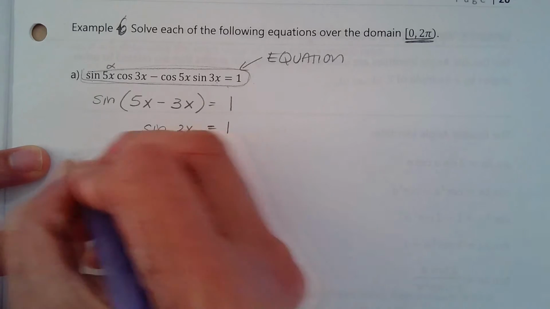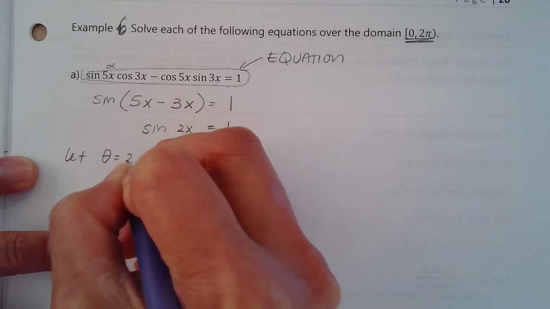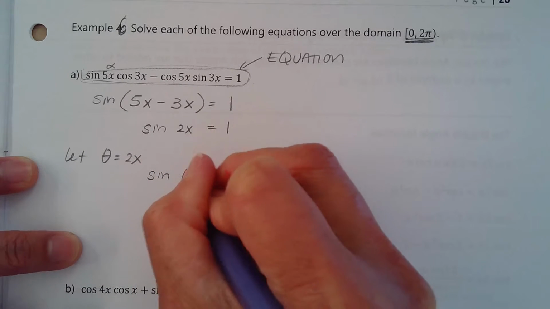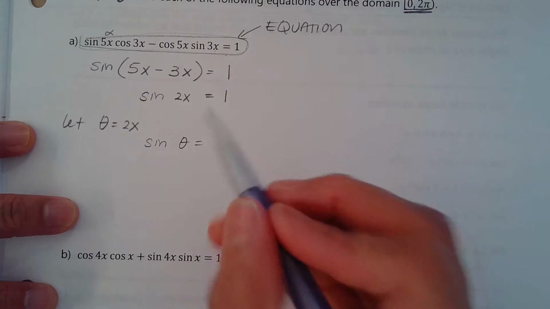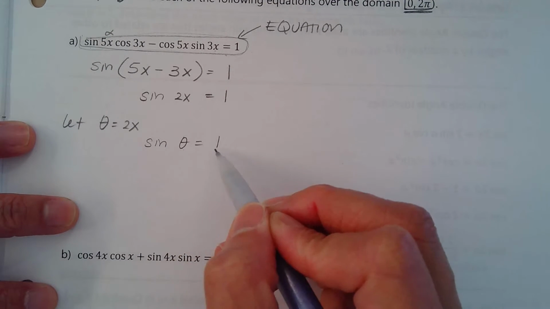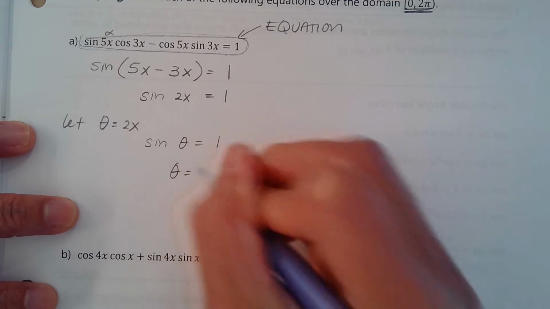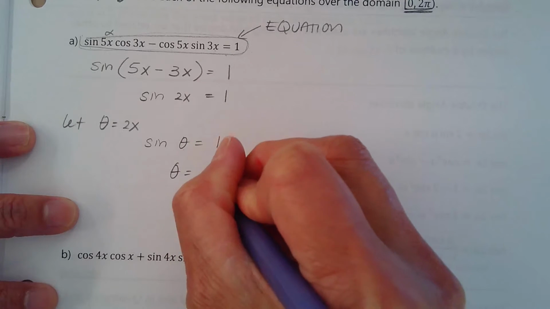So we said we're going to let theta equal 2x. So sine of theta is equal to 1. And then we have to look, okay, where is sine 1? What angle is sine 1? It's going to be pi over 2, pi half. Okay, so this is pi halves.